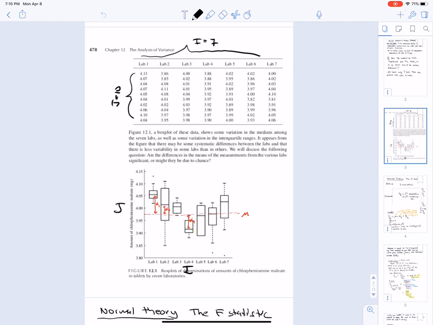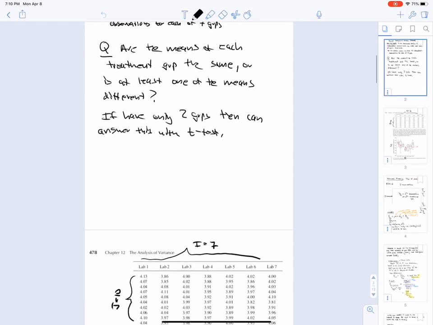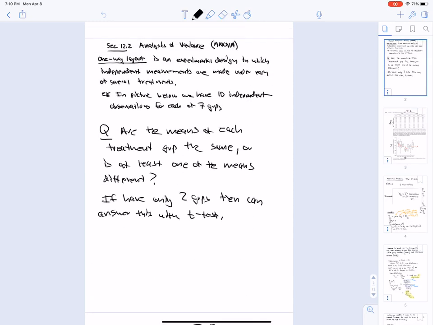In other words, that all of the group means are the same and equal to mu. And the alternative is that at least one of these alpha i's is not 0. So the question here is, are the means of each treatment group the same, or is at least one of the means different? If we have 2 groups, then we could answer this question with a t-test.